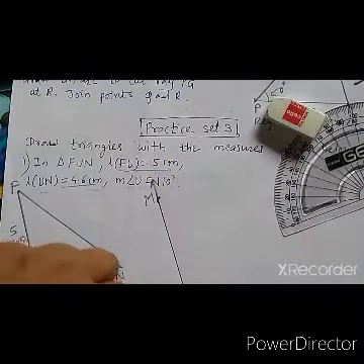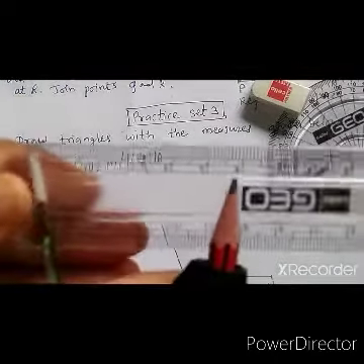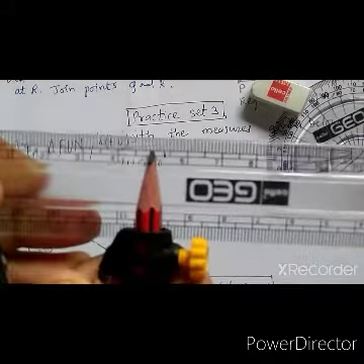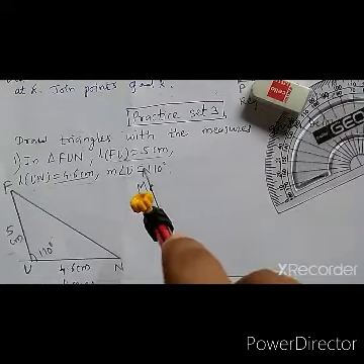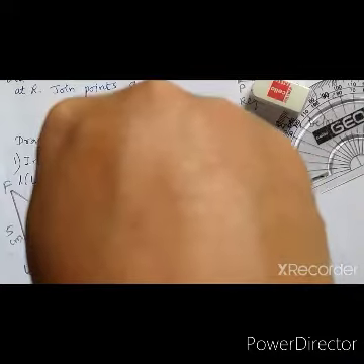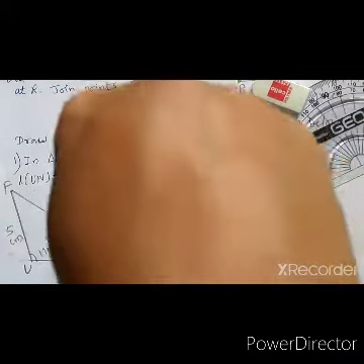Now we got ray UM, and on this ray UM we have to take distance FU of 5 centimeter. So by using a compass we have to take a distance of 5 centimeter. So start from 0 to 5. Now we have to put this compass on this point U and draw the arc to cut ray UM.